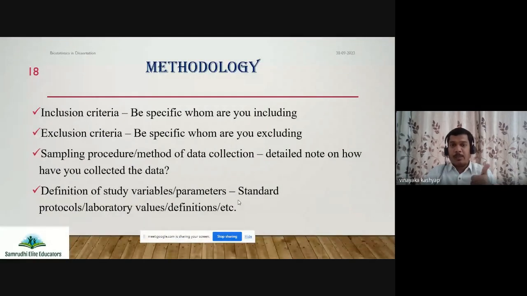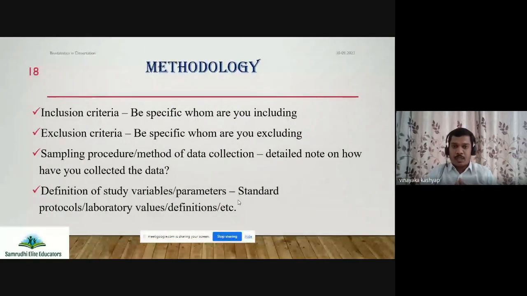If you're doing the lipid profile, you have to define it: total cholesterol, what exactly is the parameter? More than 240 is high cholesterol, 200 to 240 is borderline, less than 200 is normal. Triglyceride more than 130, less than 100. So you're supposed to define each and every study variable that you have included in your methodology.